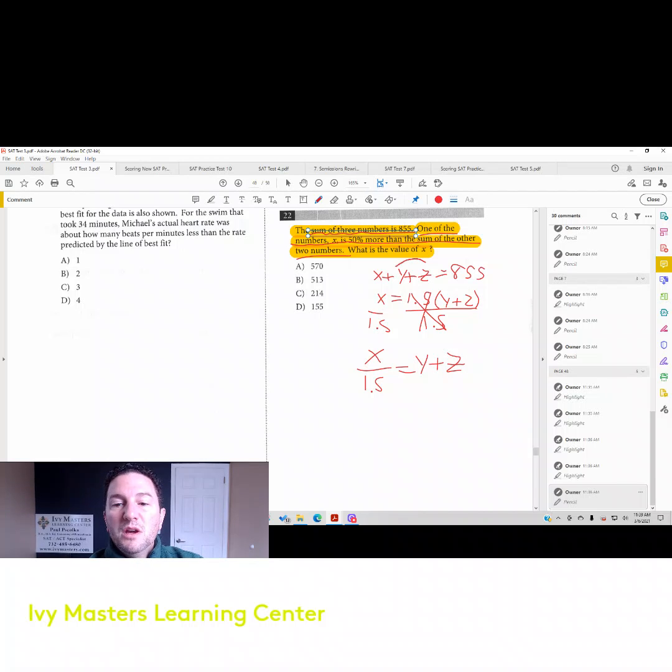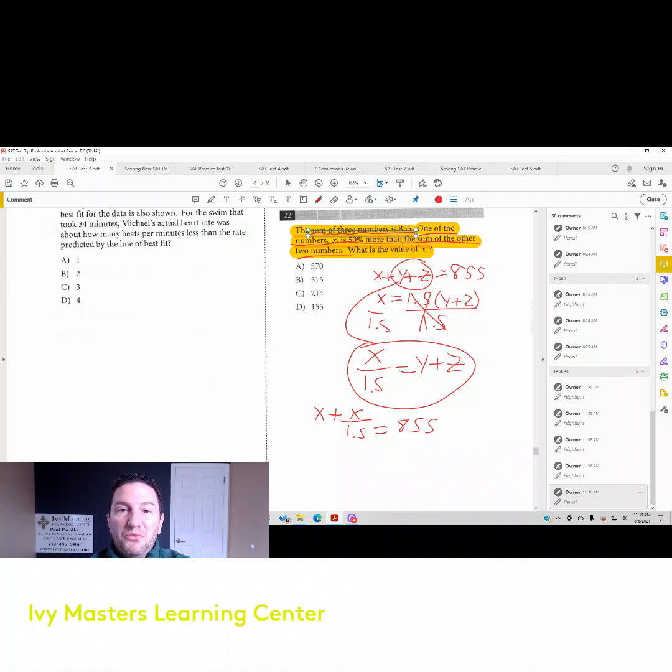Now, in this equation, you see y plus z. In place of y plus z, I'm going to put x over 1.5. And this equation becomes x plus x over 1.5 equals 855.